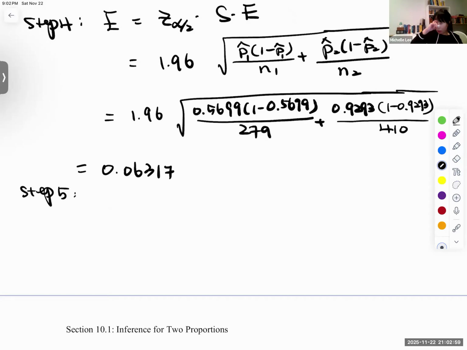Okay, so step 5. The lower limit will be p̂1 minus p̂2, the difference of two sample proportions, minus E, right?